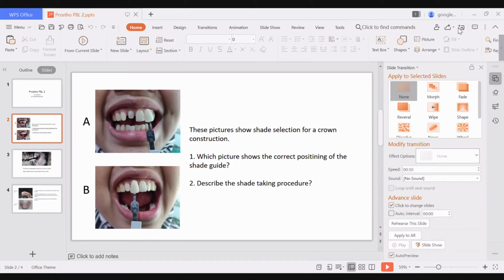If you forget, and suddenly at the end of the treatment you remember you haven't done the shade selection, you let the patient rest for a few minutes and rinse so that the saliva rehydrates the surfaces, and then you take the shade. Then you probably get a better match to the adjacent teeth.